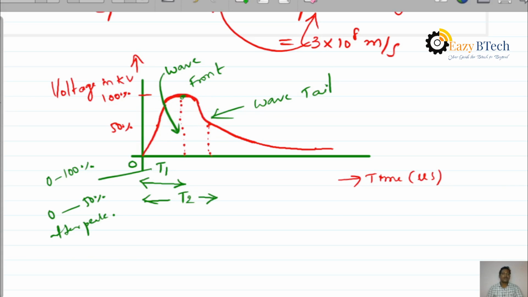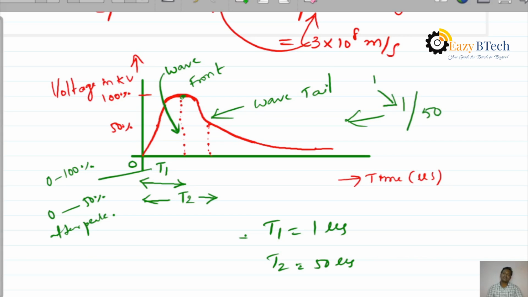Suppose for example T1 equals 1 microsecond and T2 equals 50 microseconds, how will we represent this waveform? We will represent this waveform as 1 by 50, where 1 indicates T1 and 50 indicates T2.